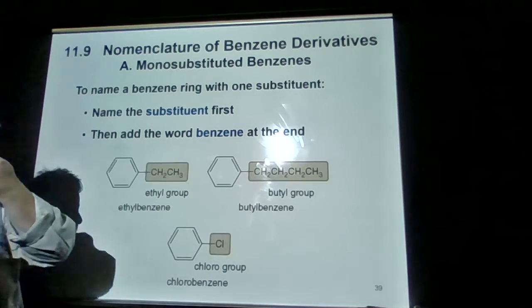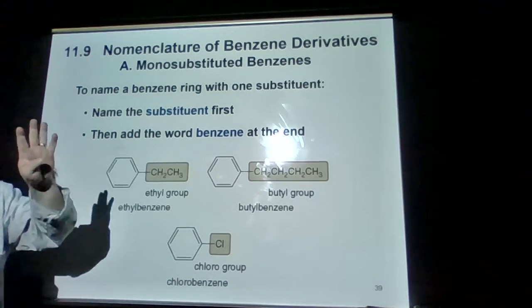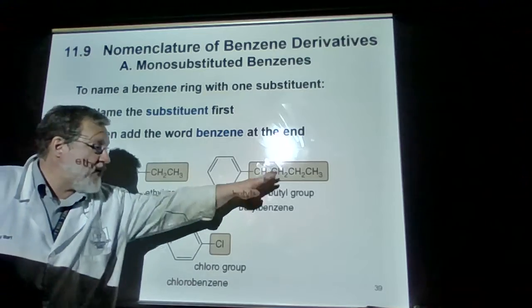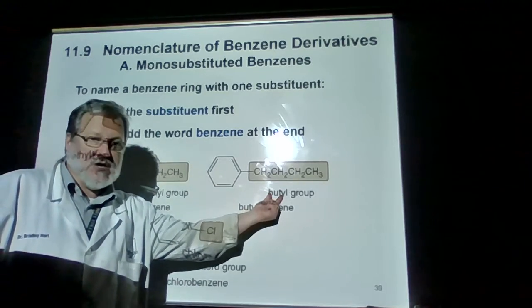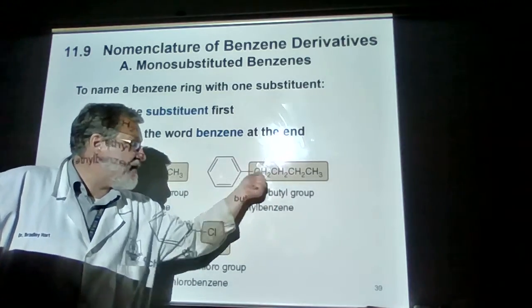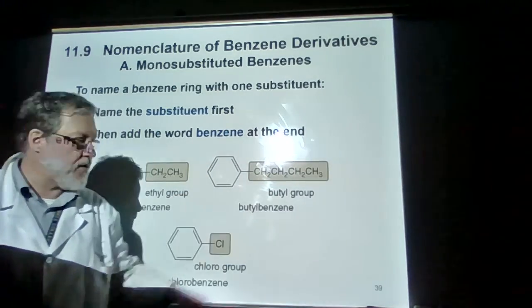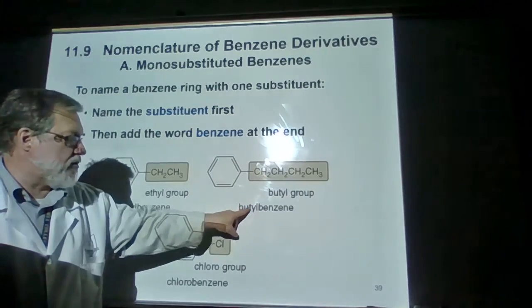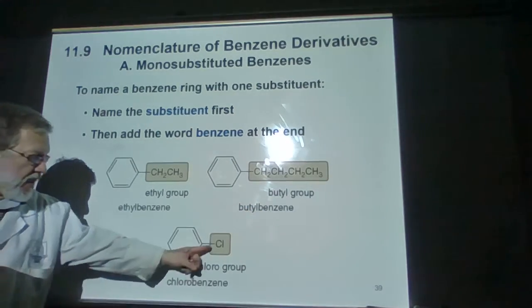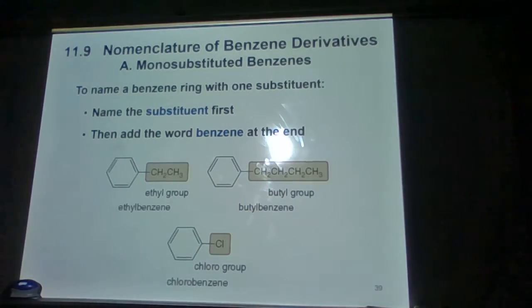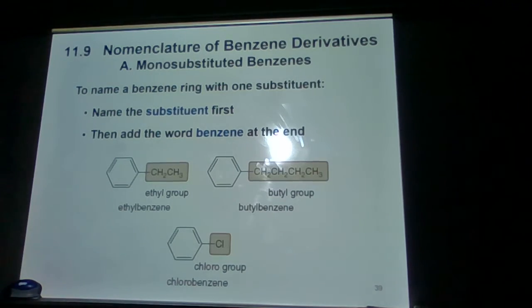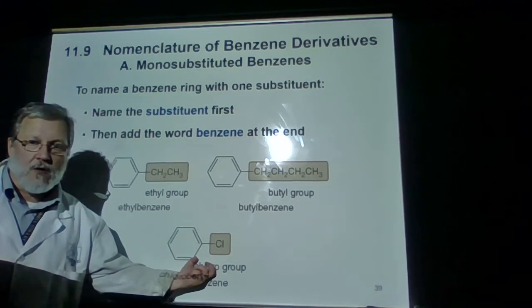Here we have a 4-membered carbon chain. 4 carbons as a piece of spinach is a bute. Since this is a substituent hanging off the ring, it's a butyl group. So it is a butyl benzene. Here we have a Cl. It's a chlorine. So the prefix here is chloro.